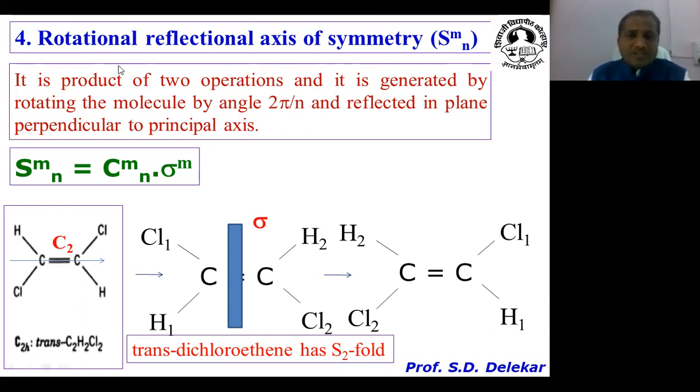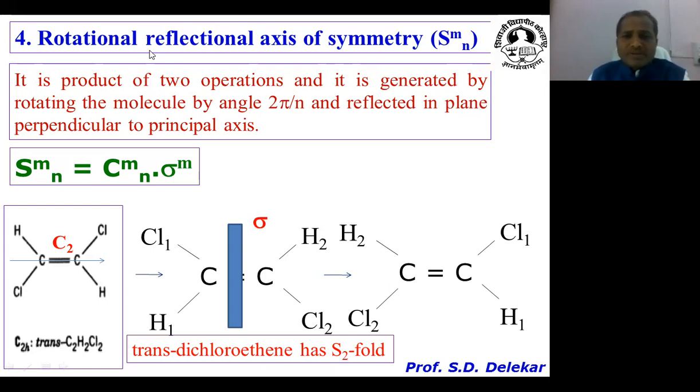And if there are two operations, then according to these two operations we consider two elements: one is the axis, another is the plane. So basically, in this improper axis of symmetry, we operate two operations, one rotation and another reflection.